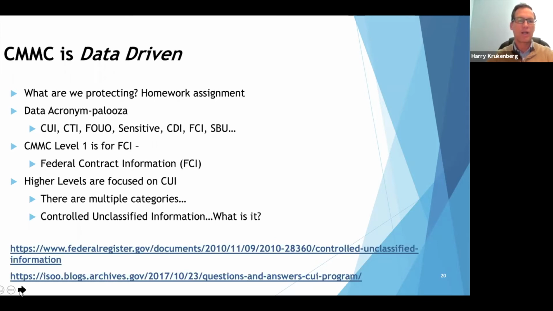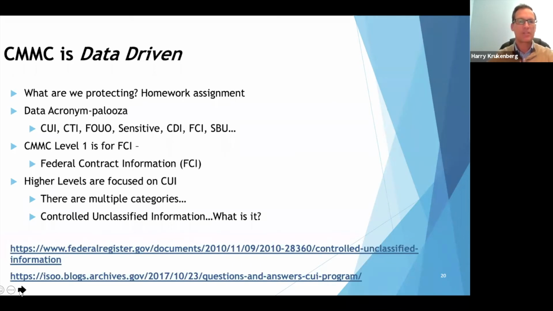And really, while it was all well-intended, what it served to do was confuse a lot of people. So in 2010, an executive order was signed, and it was updated in 2017, that basically said, we as a federal government will consider all of this information under the umbrella of controlled unclassified information, and give it rules and a structure so that it's all equally protected.